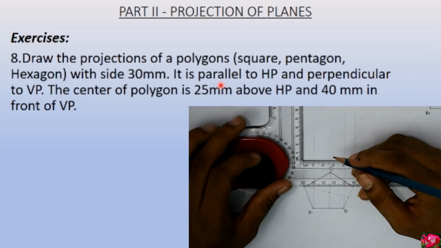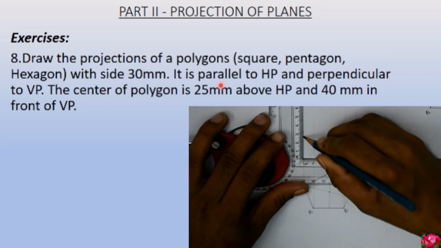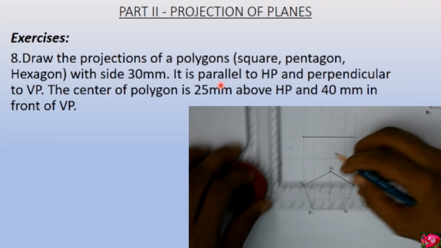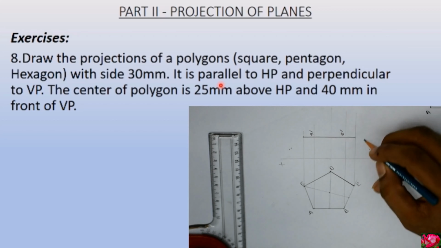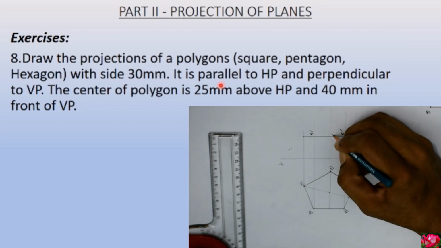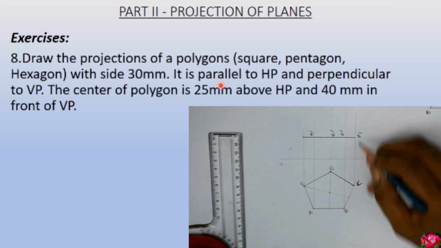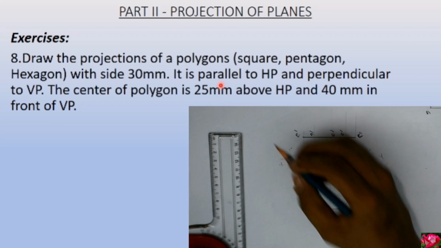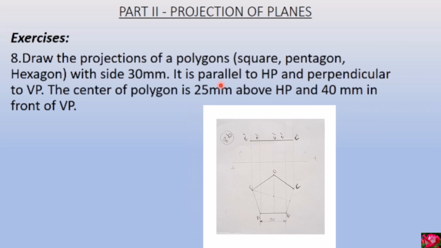The front view will be 25 above HP. I'm marking a point here, and this line is simply your front view. This point is A dash, this is B dash, this is E dash, this is D dash, and this is C dash. So this is 8B.